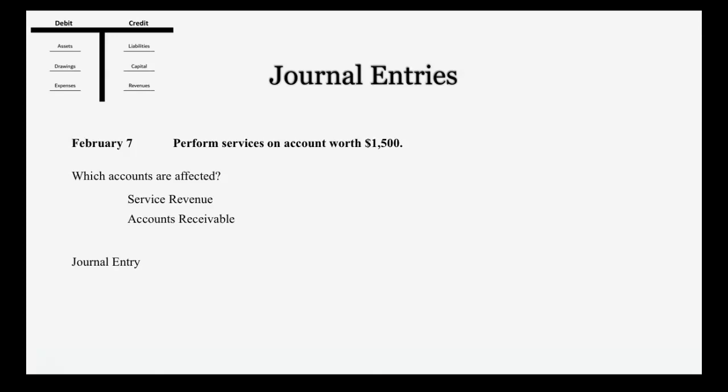So accounts receivable is an asset, and we want to increase that asset because our customers owe us more money. So we will debit accounts receivable for $1,500 because our customers owe us $1,500 more than they did before this transaction. Then, to increase our revenue, we will credit service revenue for $1,500.